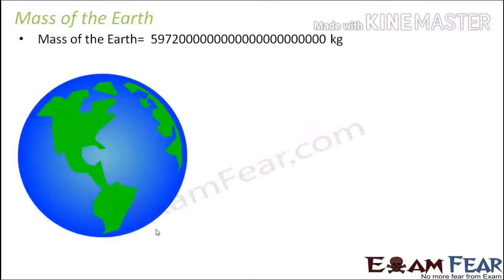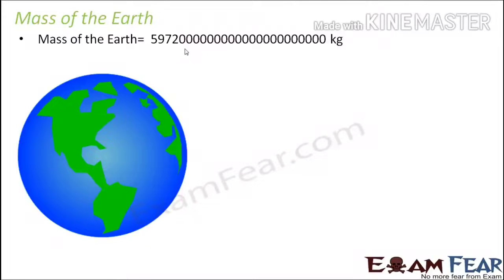Now let us look at these realistic examples where we actually need these values. If I ask you the mass of the earth, the entire planet earth, obviously the mass is huge, as you can see on the screen. If I ask you the mass of the earth, it will take you a good amount of time to calculate the number of zeros first and then find out their positions, right? So instead of doing that, we represent it in a simpler way.